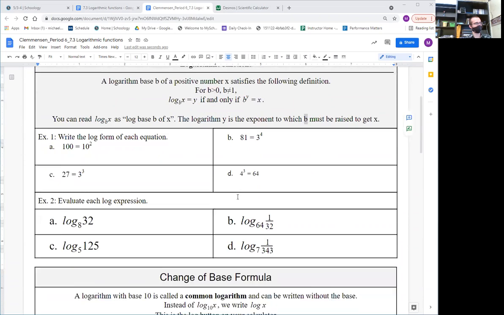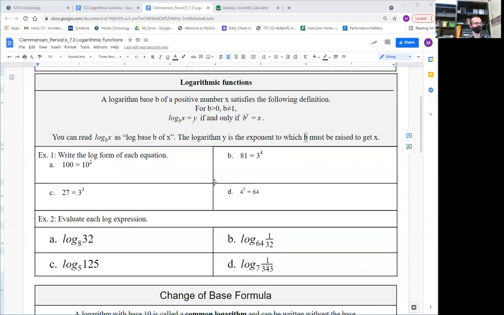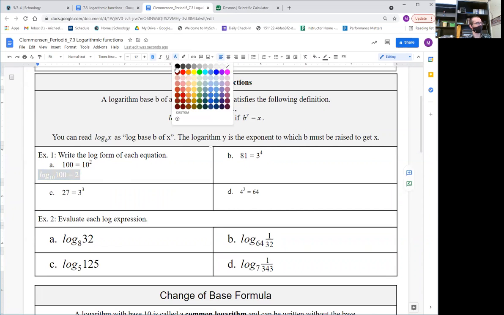So let's go into some problems where we're actually using our logarithms. This is just the definition. Let's actually use it now. When I do this problem right here, my y goes to the other side, and my x gets next to my base.